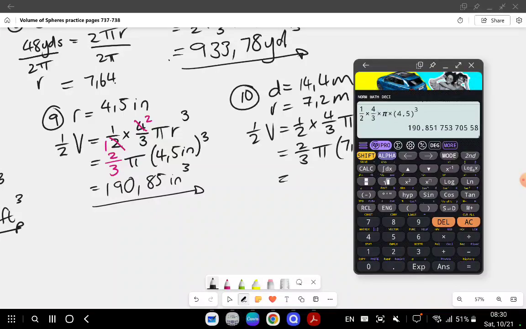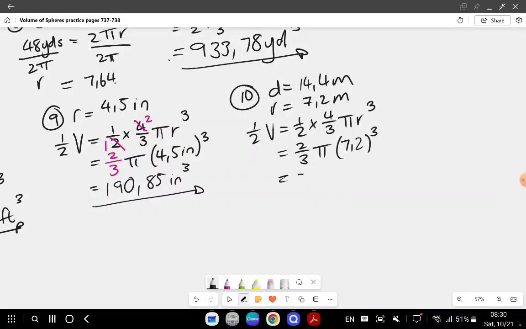And in our calculator, I'm just going to change this to 7.2, 781.73 meters cubed. Okay, that is the end of page 737.